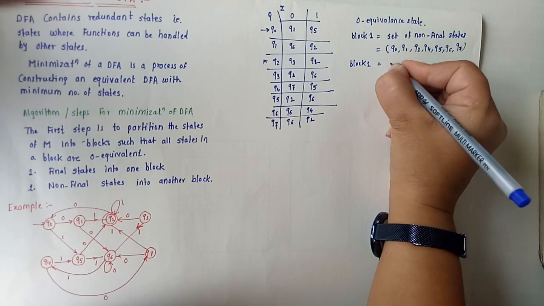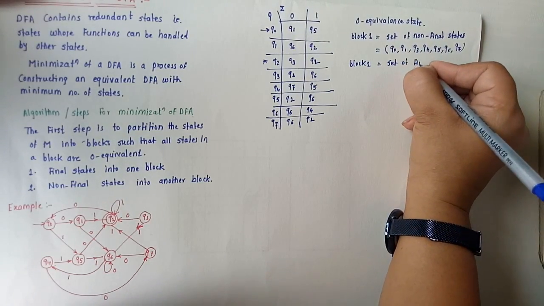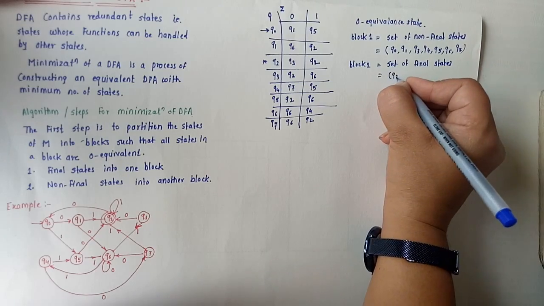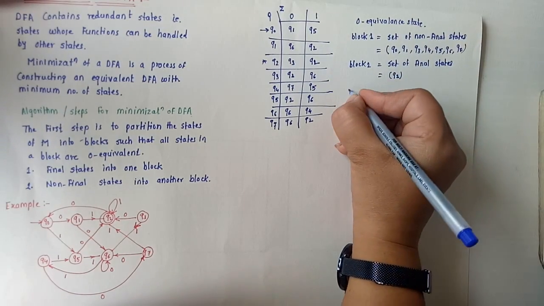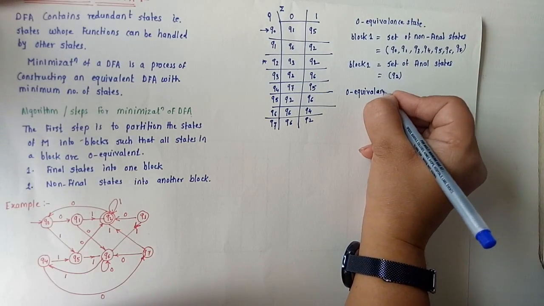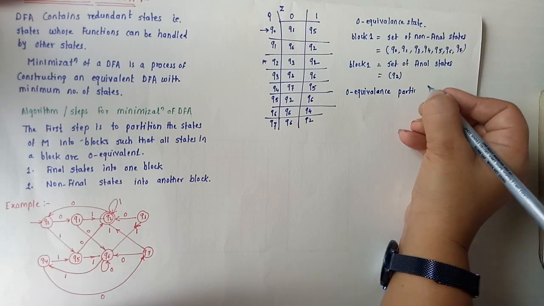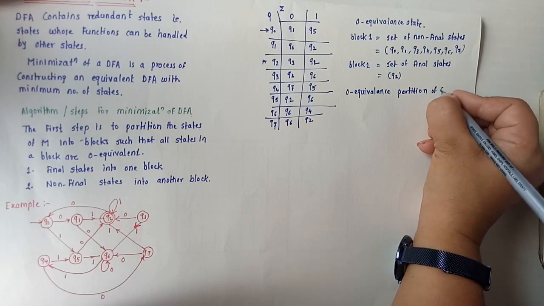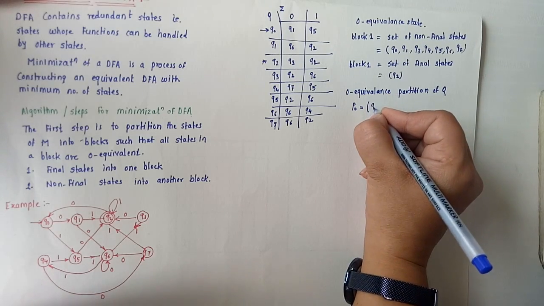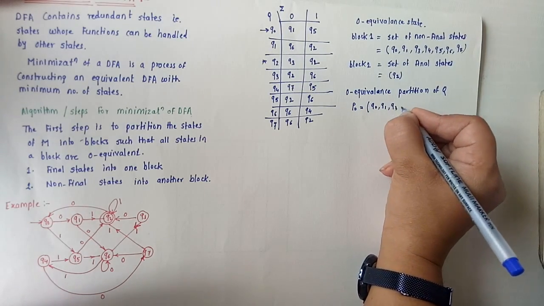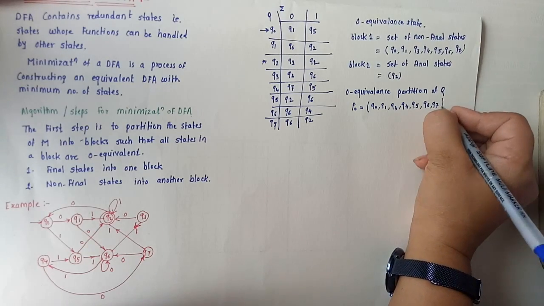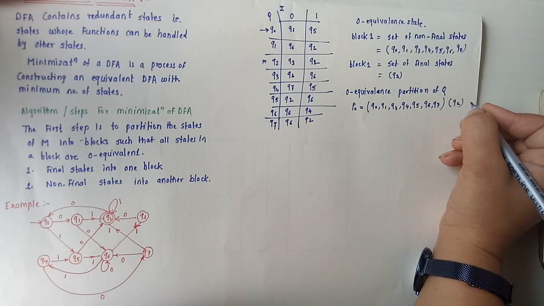Block 2 is the set of final states. Here there is only one final state, that is q2. So the 0 equivalence partition of Q is P0, with two blocks: one is q0, q1, q3, q4, q5, q6, q7, and the second is the q2 partition.